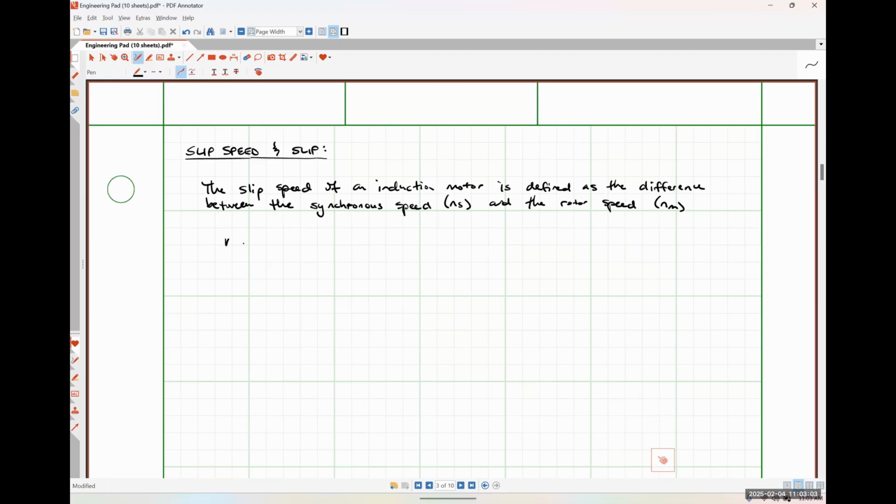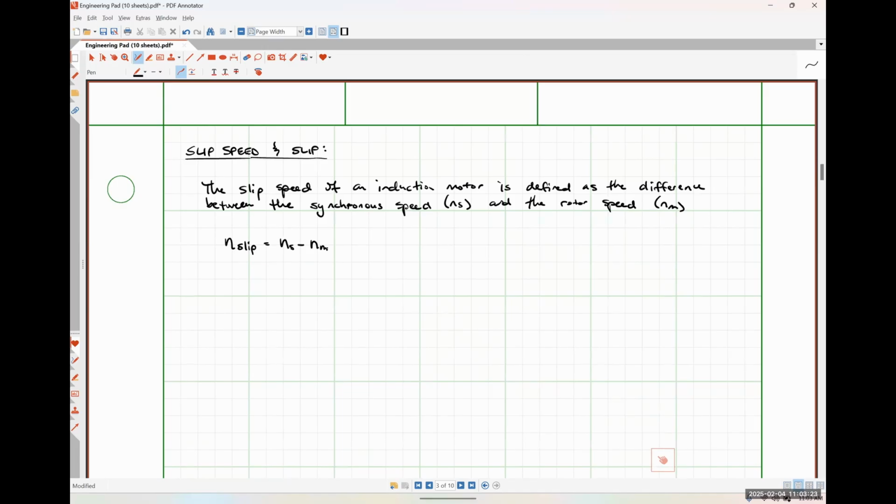So n slip is equal to simply ns minus nm. Okay, fairly straightforward. So this is the speed.